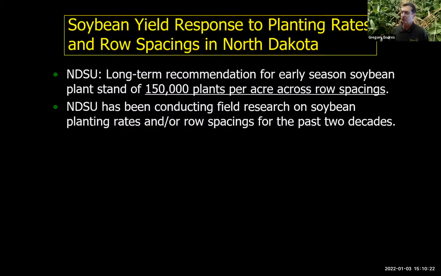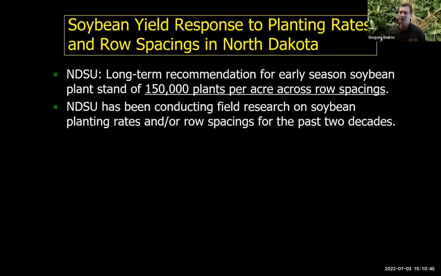All right, the first question I wanted to answer was, what are NDSU's guidelines on soybean planting rates and row spacings? NDSU over a long period has had the recommendation for early season soybean plant stand of 150,000 plants per acre, and this is across row spacings.